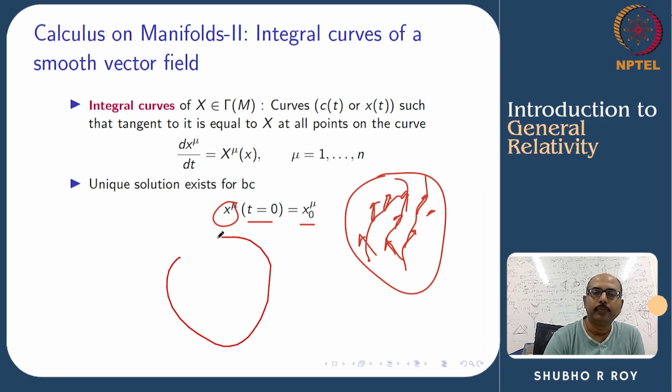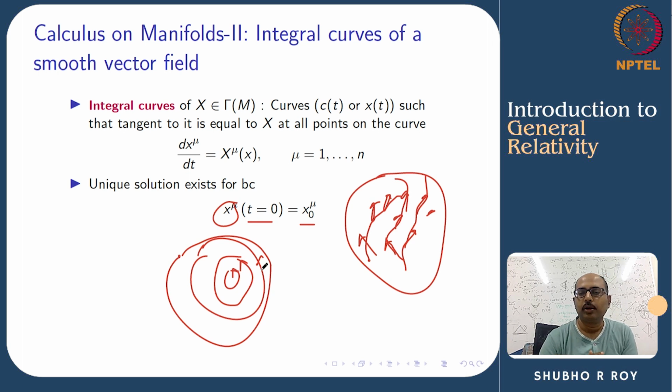So the integral curves will look like contour lines. They don't have to close. Here I'm drawing them closed, but they look like contour lines. And of course, two integral curves can never intersect, because that would mean at the same point they have two different tangent vectors, which doesn't make sense. The tangent vector is unique. So two integral curves will never intersect.